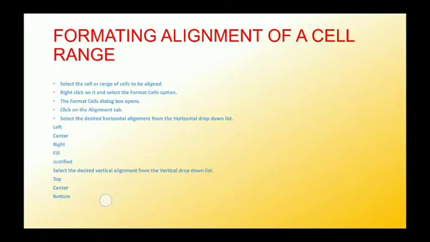So we can apply different kinds of alignments in data. For example, we can choose horizontal alignment, or we can choose the vertical alignment also. As you can see, the horizontal alignments are left, center, right, fill and justified, and the vertical alignments are top, center and bottom.